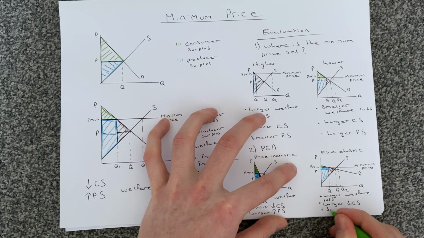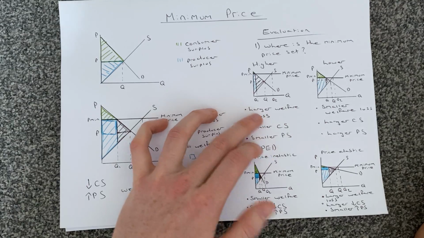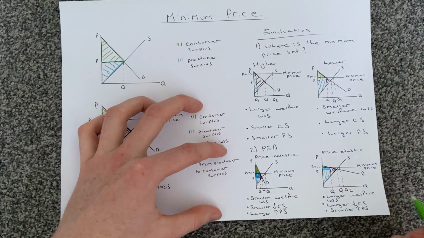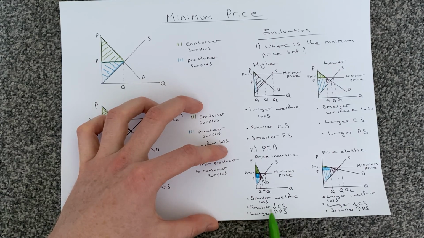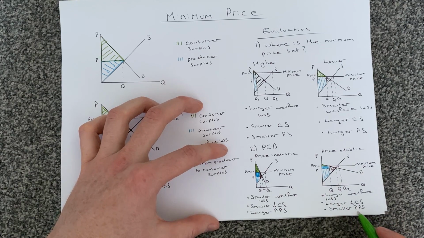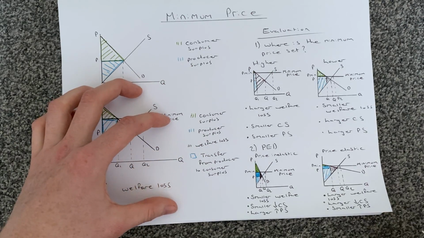So a smaller increase in producer surplus. And maybe that's a point we should make a note of when we're referring to the smaller decreases in consumer surplus and the larger increase in producer surplus, and the larger decrease in consumer surplus and the smaller increase in producer surplus. We should make that point that it is relative to the original.